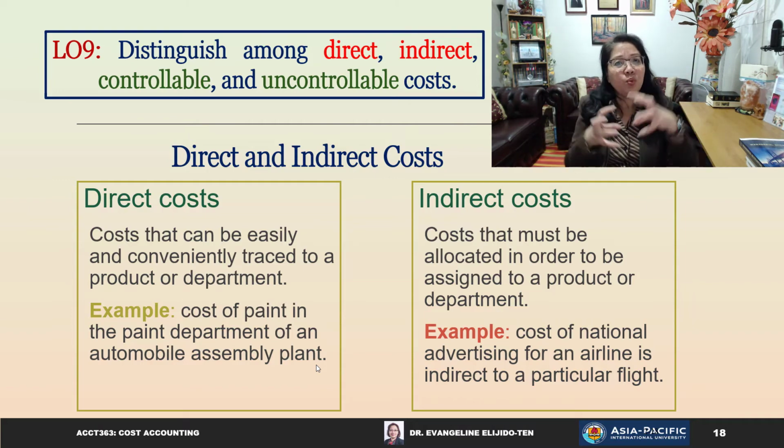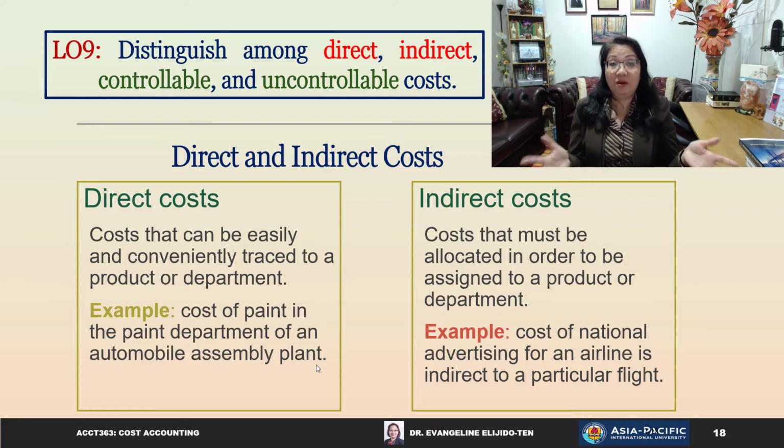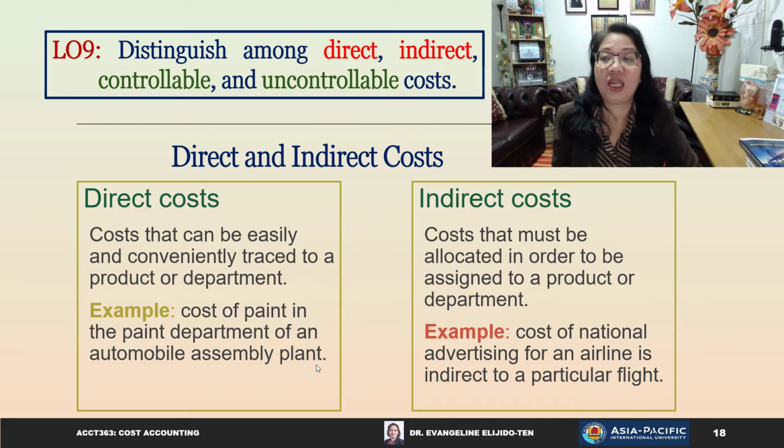So when we pool all these costs together, we put it in a manufacturing overhead account. All right. And so this manufacturing overhead cost cannot be easily and conveniently traced to any particular product that is produced in the factory. And so these manufacturing overhead costs are a good example of indirect cost.